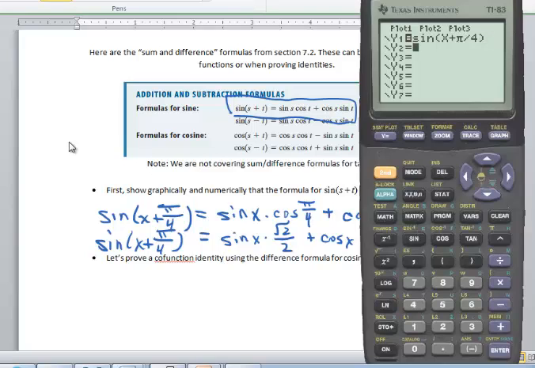And then I'm going to make y2 be the right side of this equation, which is the sine of x times square root of 2 over 2 plus the cosine of x times radical 2 over 2.